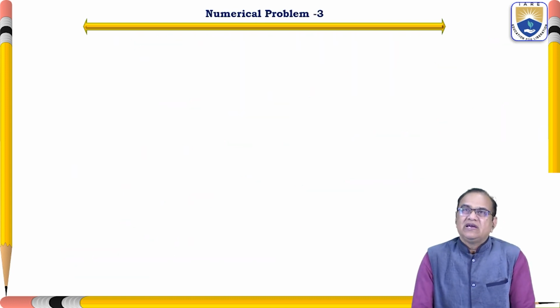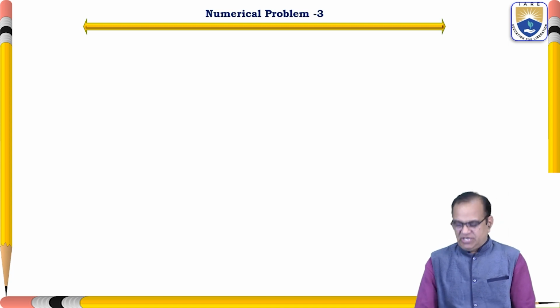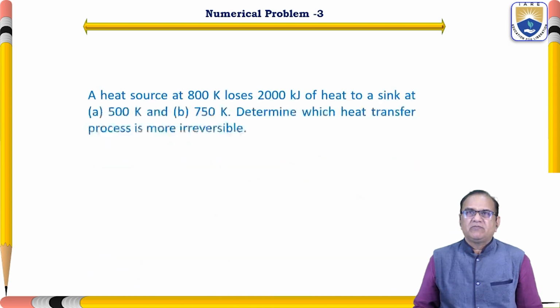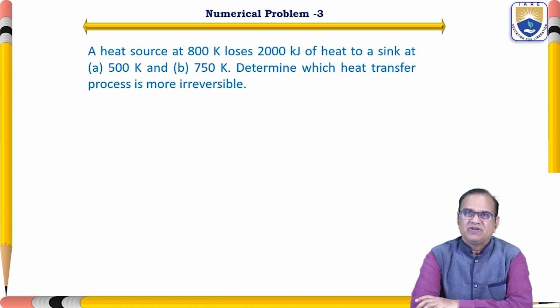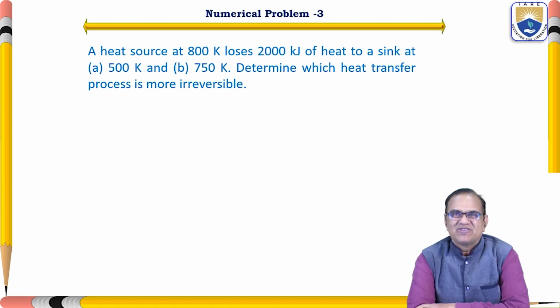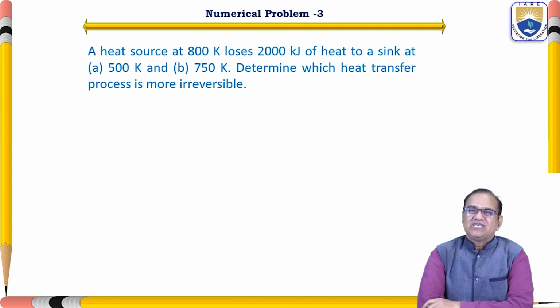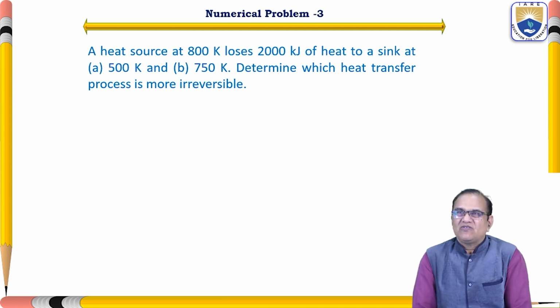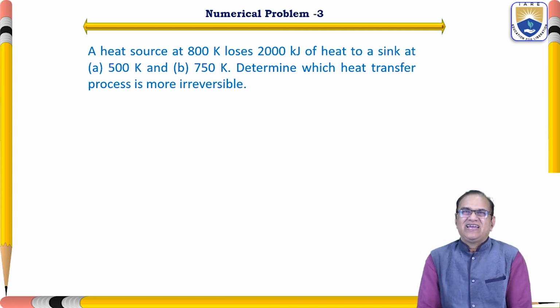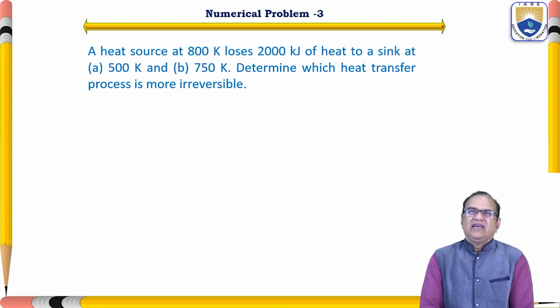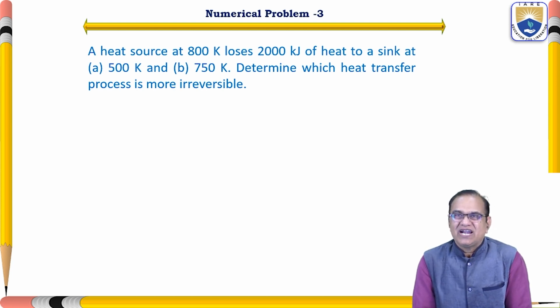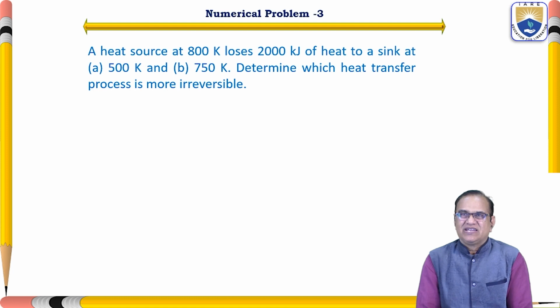So I am going to problem number 3. The problem number 3 is very simple and very small. A heat source at 800 Kelvin loses 2000 kilojoule of heat to a sink at A, 500 Kelvin, and B, 750 Kelvin.